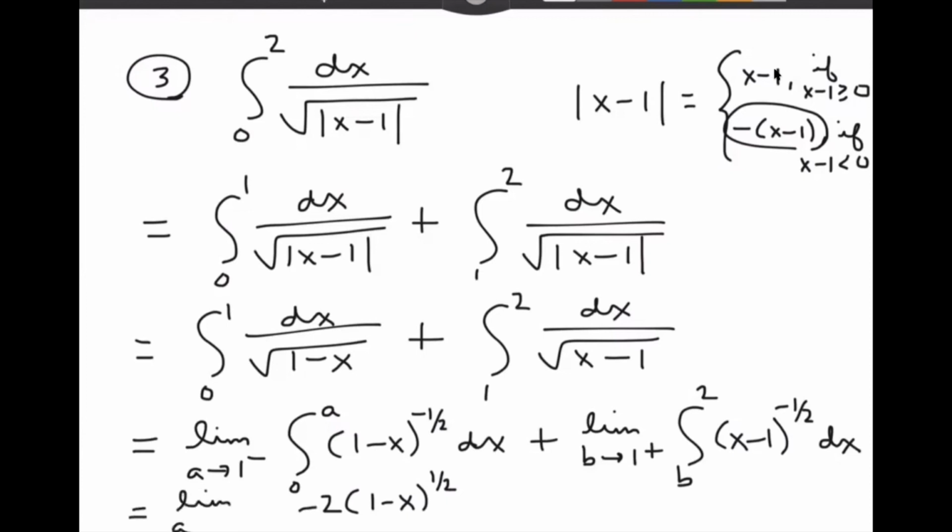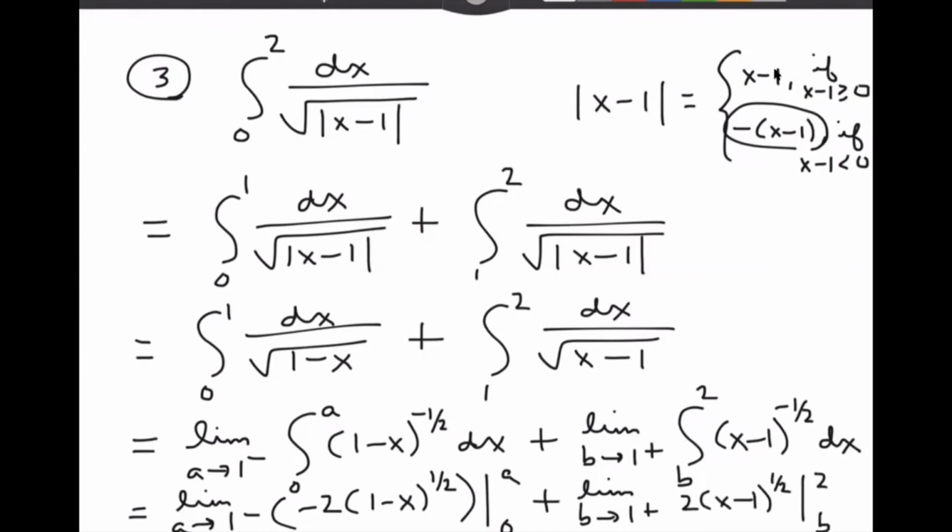So limit as a approaches 1 from the left, and then we're going to plug in a, plug in 0. For the other one, it's the same thing, except we don't have the baby u substitution issue because the derivative of x minus 1 is just 1. So this one is just going to be 2 times x minus 1 to the 1/2. Plug in 2, plug in b.